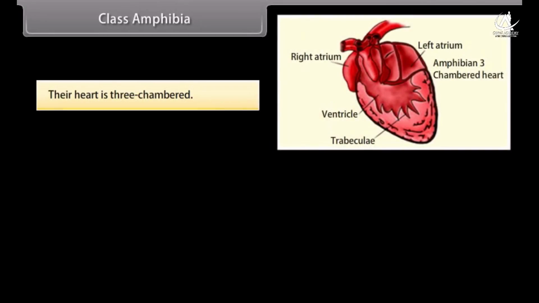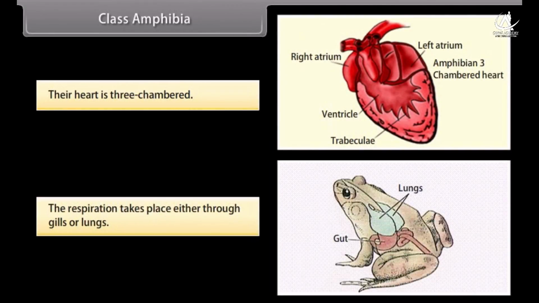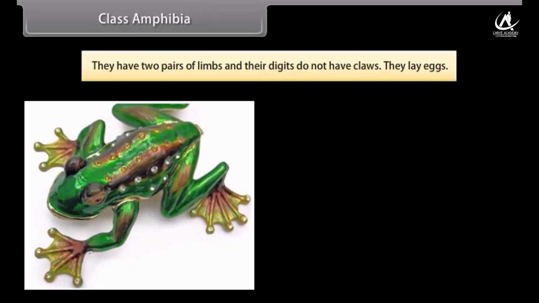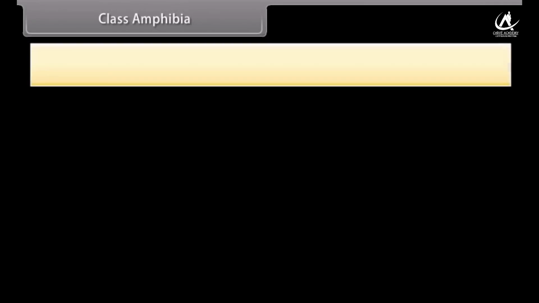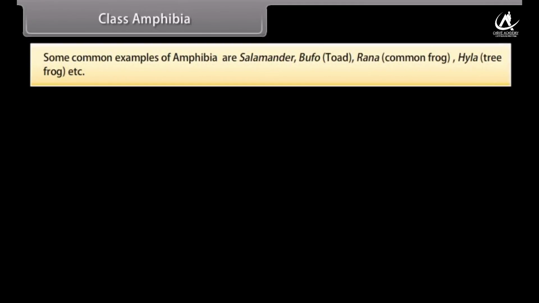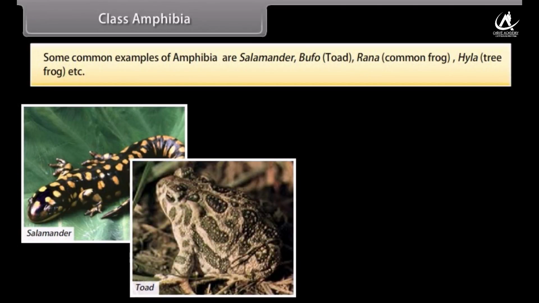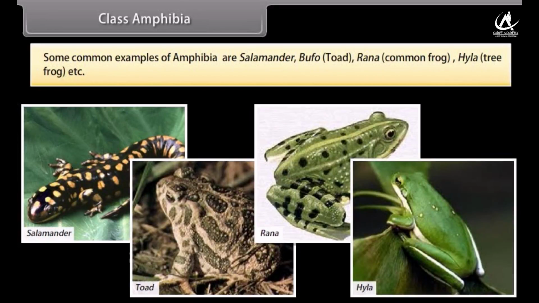Their heart is three-chambered. Respiration takes place either through gills or lungs. They have two pairs of limbs, and their digits do not have claws. They lay eggs. Some common examples of amphibia are salamander, bufo, toad, rana, common frog, hyla, tree frog, etc.